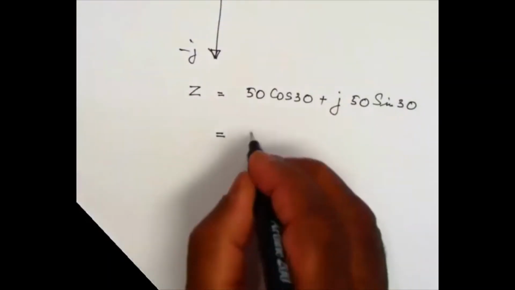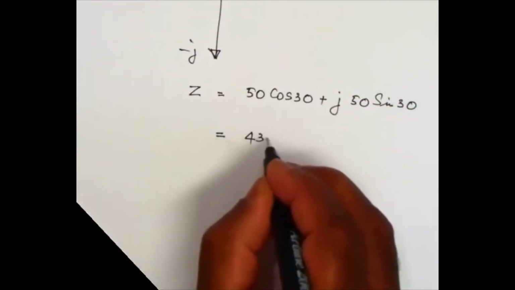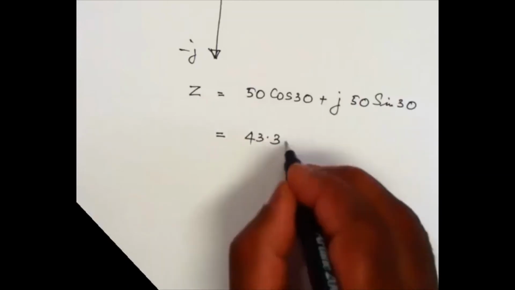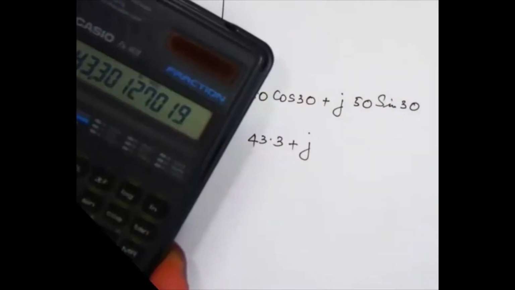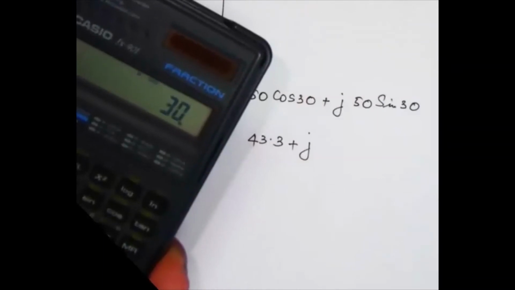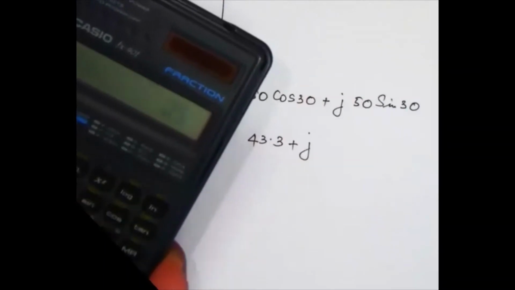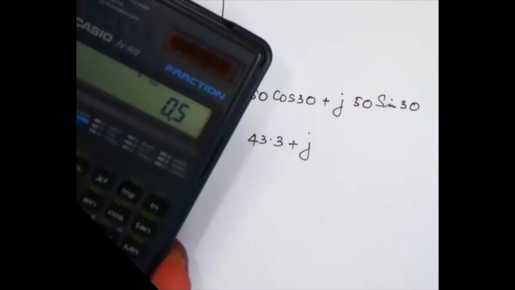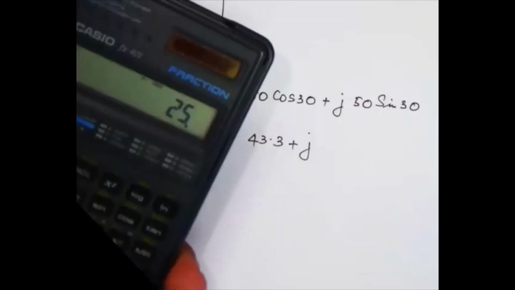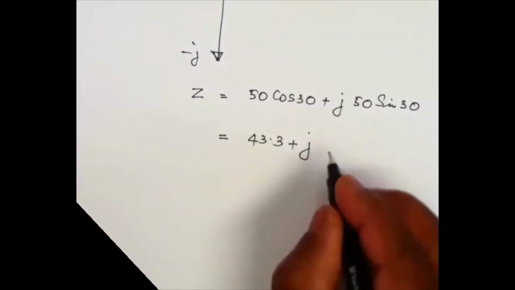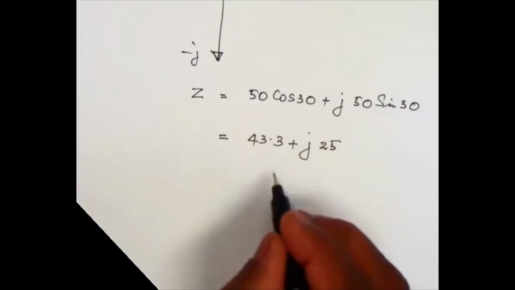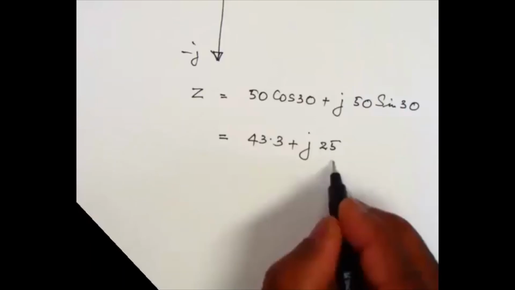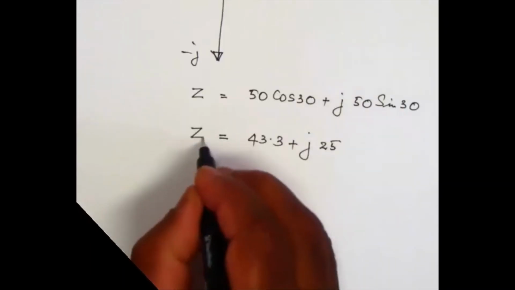So that is 43.3 plus j, and 30 sine is 0.5, times 50 will give us 25, j25. So that's the final answer. So we get our complex number.